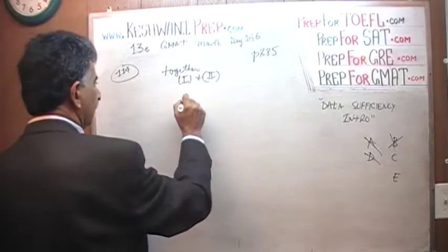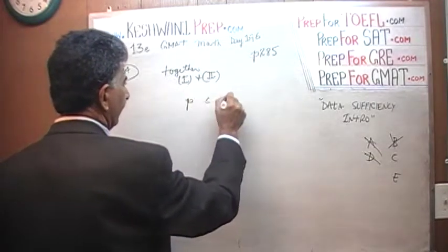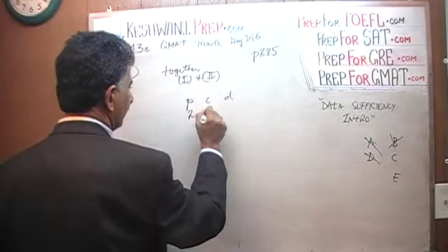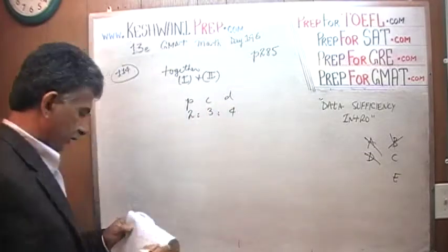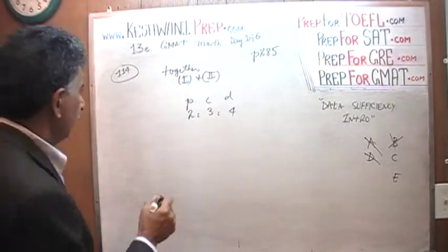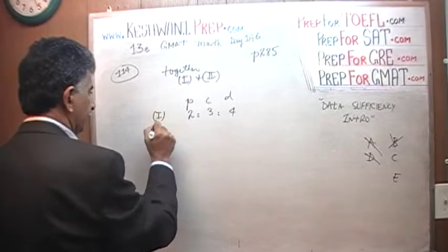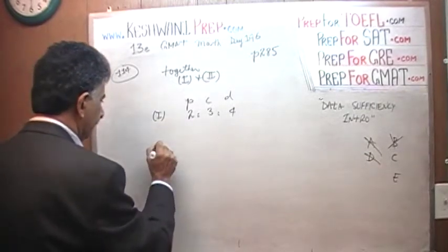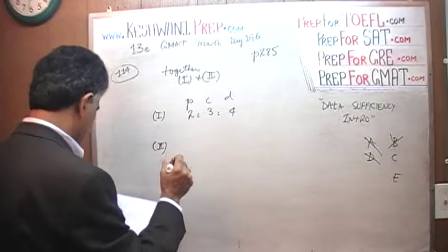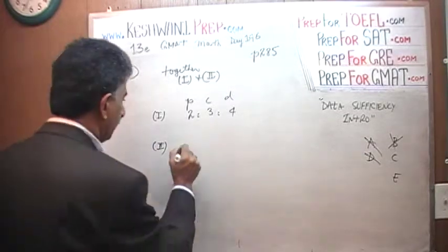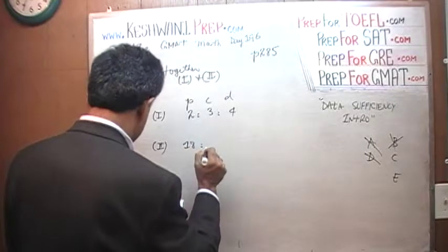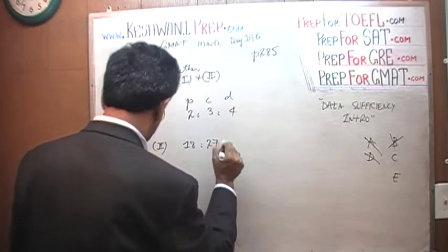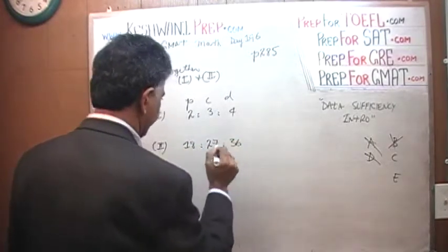We know that pens, pencils and pads are distributed in a ratio of 2 to 3 to 4. They tell us that part in the first statement. In the second statement they tell us that the total amounts that they are distributed are 18, 27 and 36.